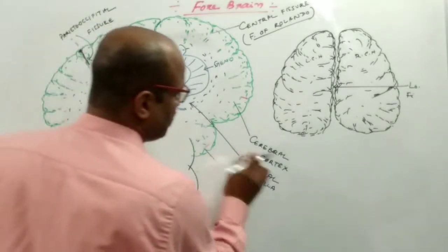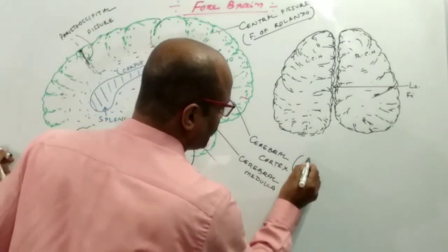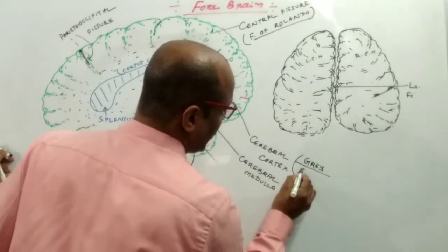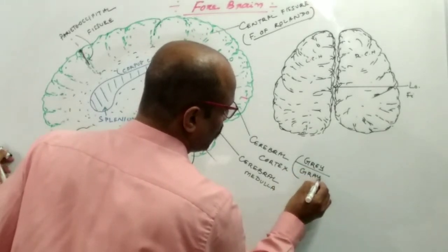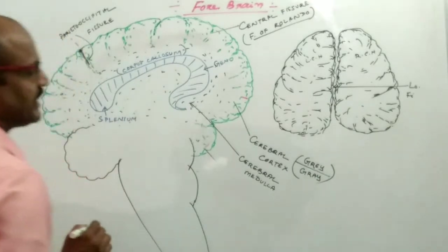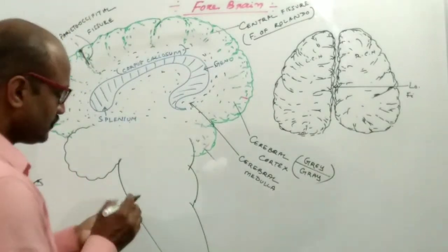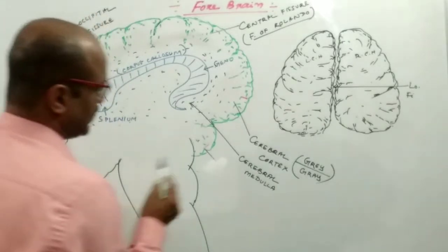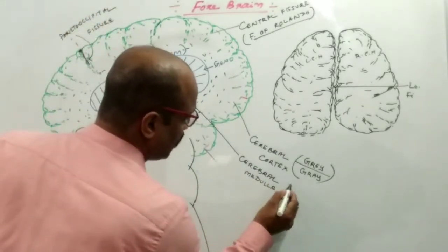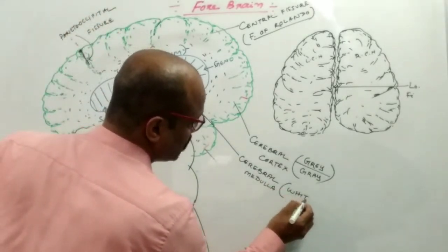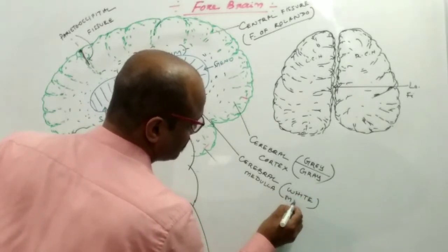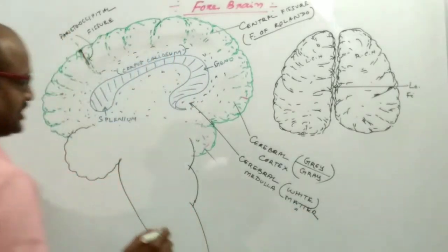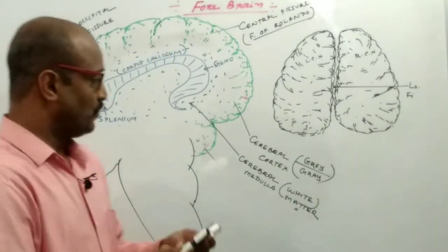So the cerebral cortex is made up of gray matter, G-R-E-Y, or you may write G-R-A-Y. This is the gray matter, because there are no myelinated neurons. And the cerebral medulla contains white matter. White matter means it contains myelinated neurons.